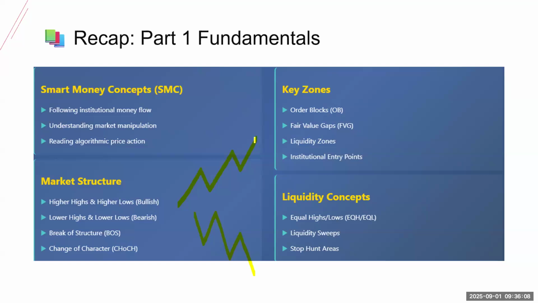Break of structure means trend continuation. Change of character means that whenever price takes out or closes below the previous low, this is your change of character, and then it continues to go lower low, lower high, lower low, lower high. It is the same as bearish.